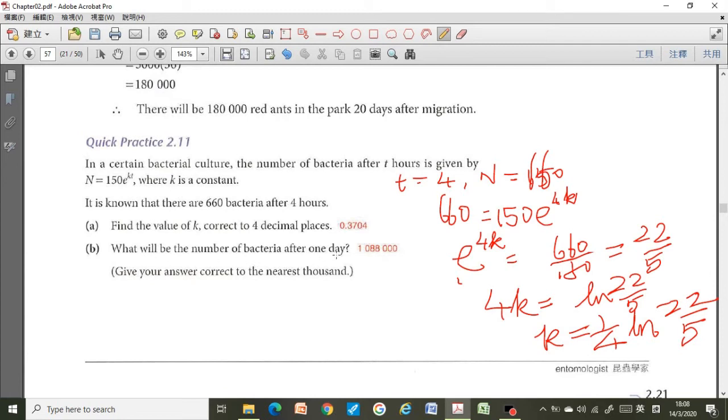What will be the number of bacteria after 1 day? You know that 1 day is 24 hours.